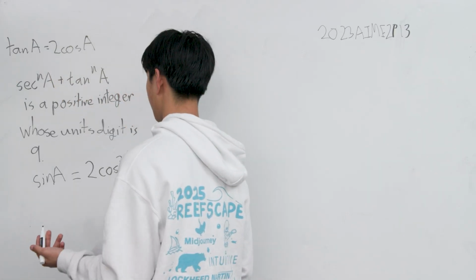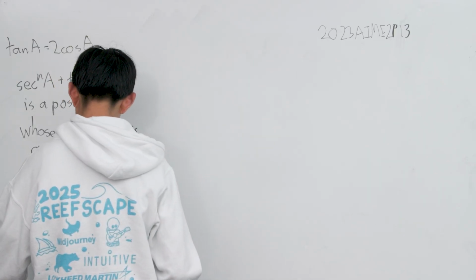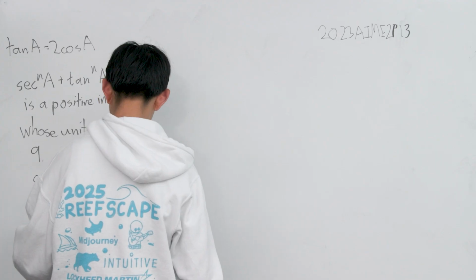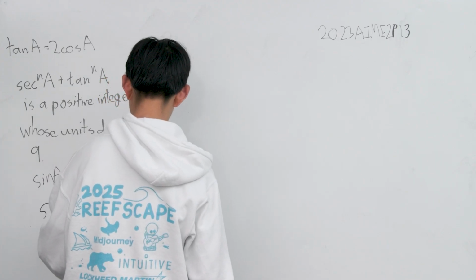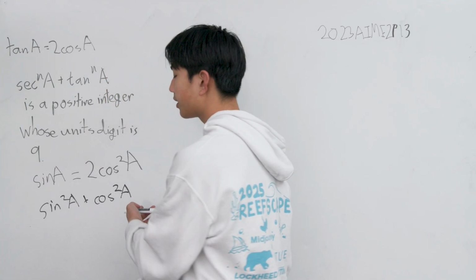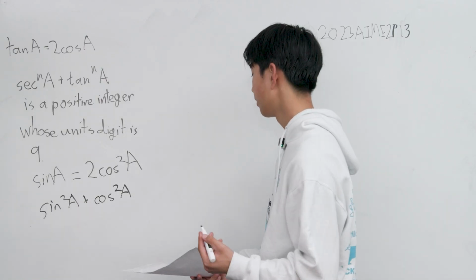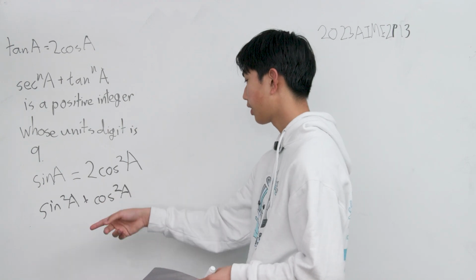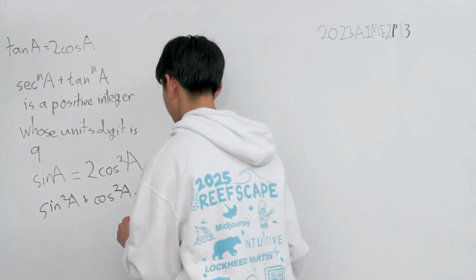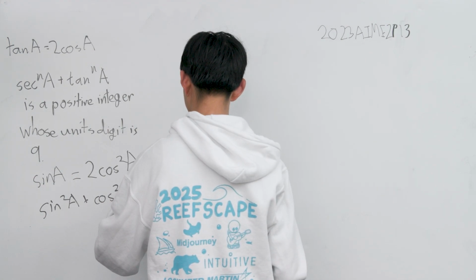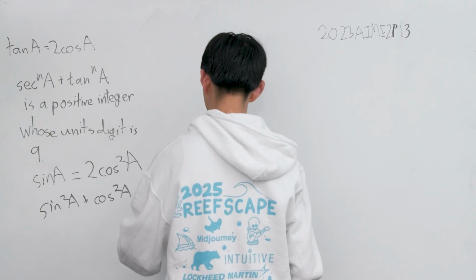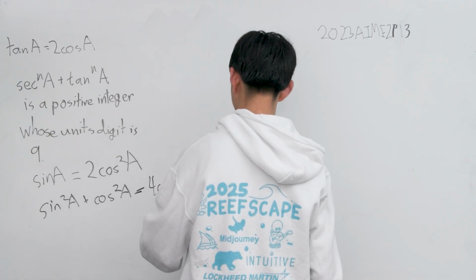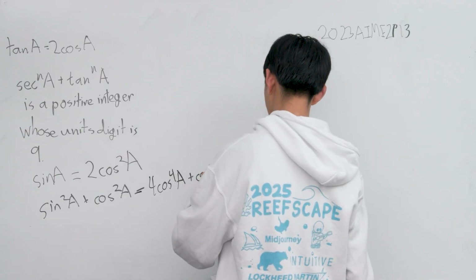We all know that, hopefully you should know this, but if you don't, it's okay. It's just sine squared of A plus cosine squared of A, where A is any angle, any value. This is always 1. So we can use this and plug this in because this becomes 4 cosine to the power of 4 of A plus cosine squared A equals 1.